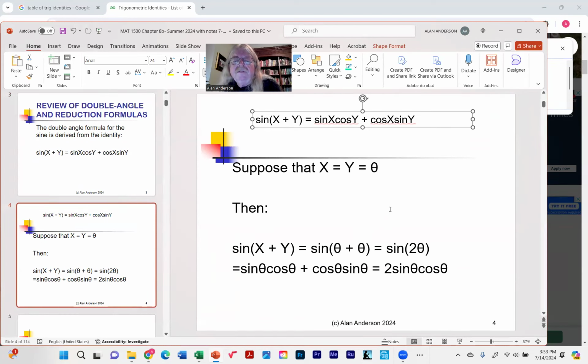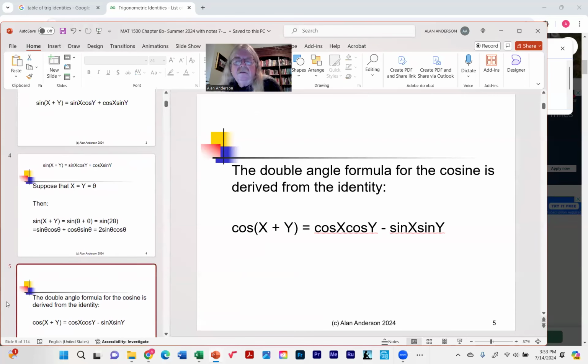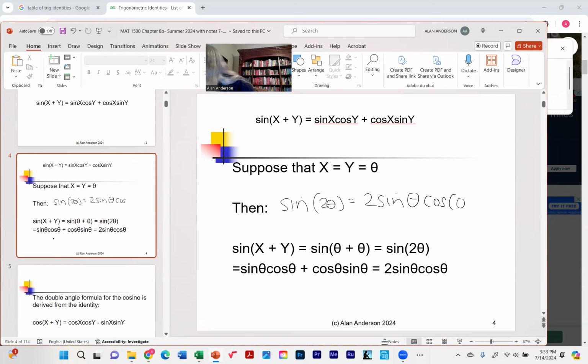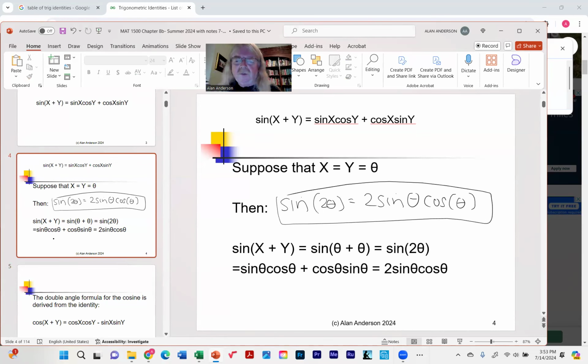And so we have sine theta cosine theta plus cosine theta sine theta, which is the same thing as 2 sine theta cosine theta. So the double angle formula simply says that, that's one of the double angle formulas.